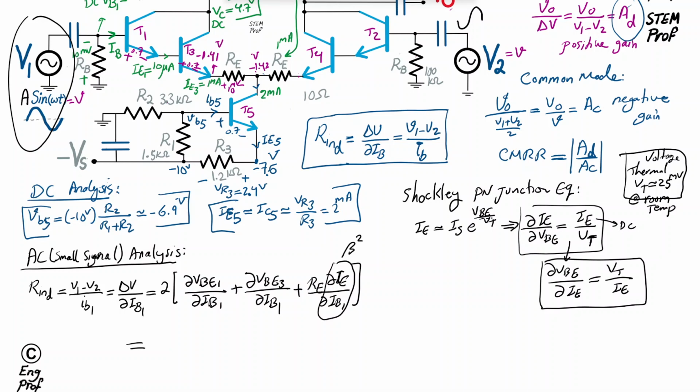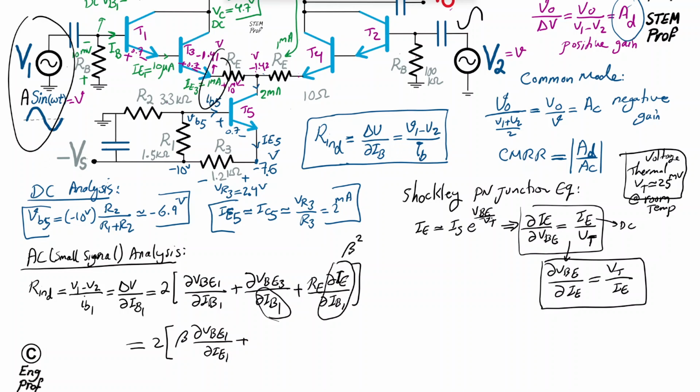So what I can write is 2 times beta, change in the base-emitter voltage divided by change in emitter current, roughly. And the same thing here. This is base 1 here. For this transistor, which is transistor 3, I need to get to IE3.